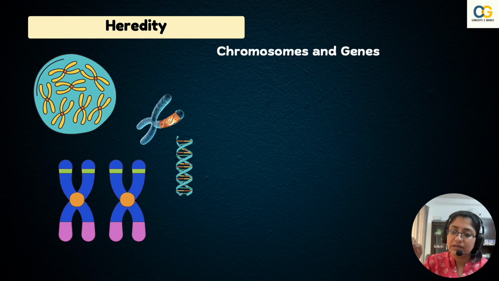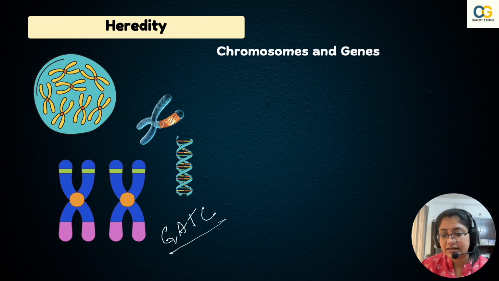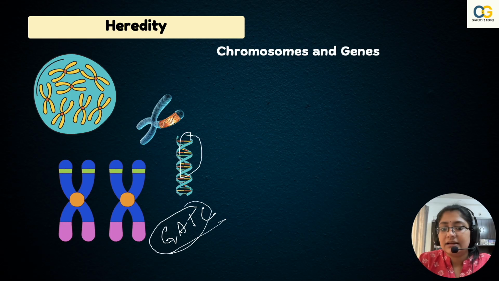Where the liver should be, the size of the liver, how it should be colored, everything is written in the DNA. Just out of curiosity, the 4 letters are GATC. It's a combination of these letters in multiple fashions. You will learn more in 12th if you take up bio, right? So this is one of the most interesting topics to learn. It's beyond just pea plants, trust me, it's very interesting.